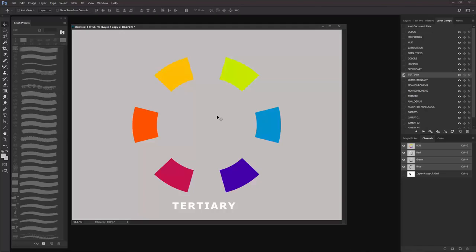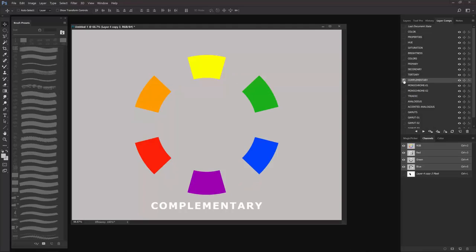Now let's take a look at some other combinations we can take out from our color wheel. Let's take a look at the complementary colors. Complementary colors are colors opposed in the color wheel. So yellow and purple, red and green, orange and blue are all complementary to each other.